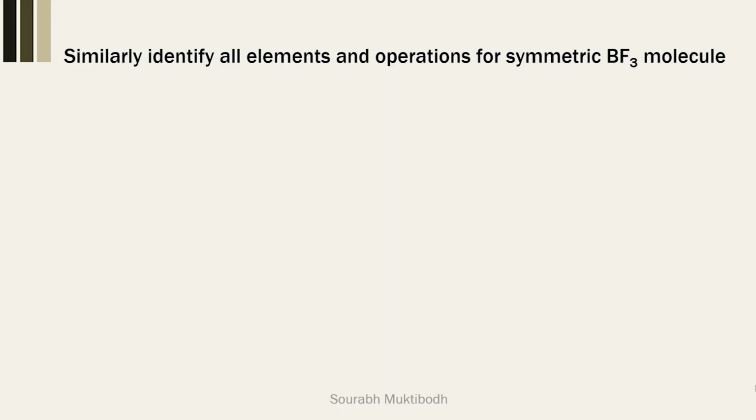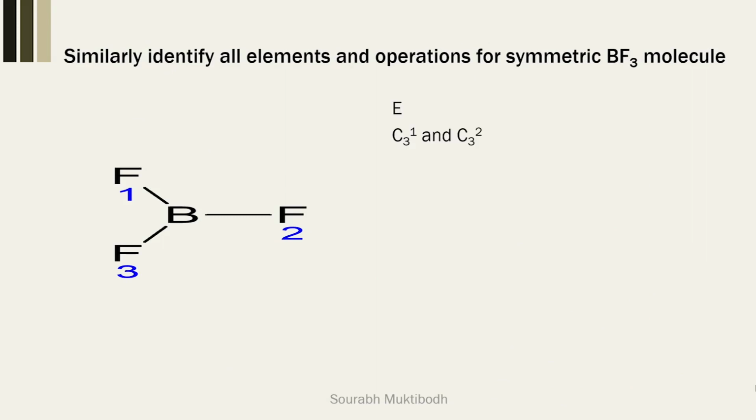Similarly, if we wish to identify all the symmetry operations for the boron trifluoride flat molecule, we'll of course say that identity, C3 axis that generates C3^1 and C3^2. C2 axis, there are 3 C2 axes, one along BF1 bond, another along BF2, and the third one along BF3 bond.